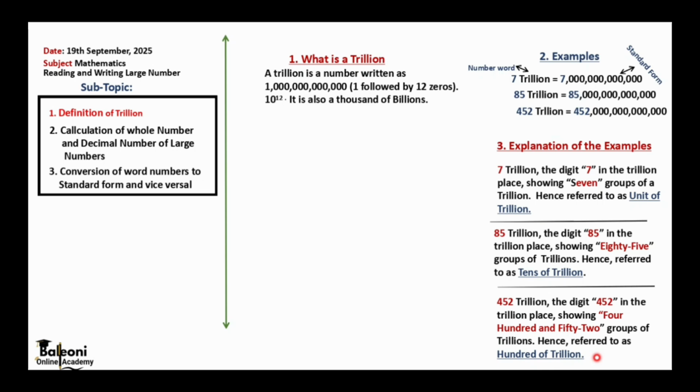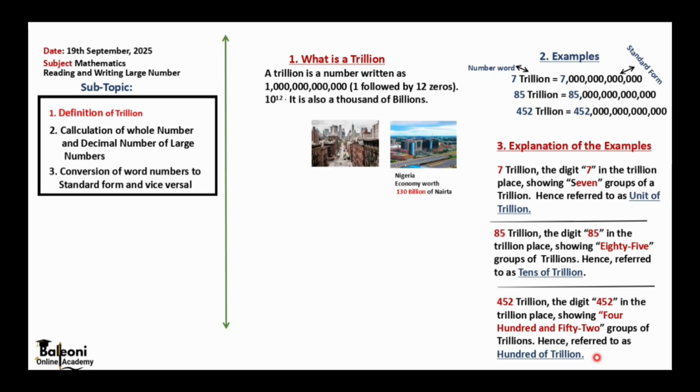Let us use countries to understand how large 1 trillion is. China has about 1.4 billion people. India has about 1.3 billion people. Nigeria has about 200 million people, or 250 million, because it's been a long while since we did our census.